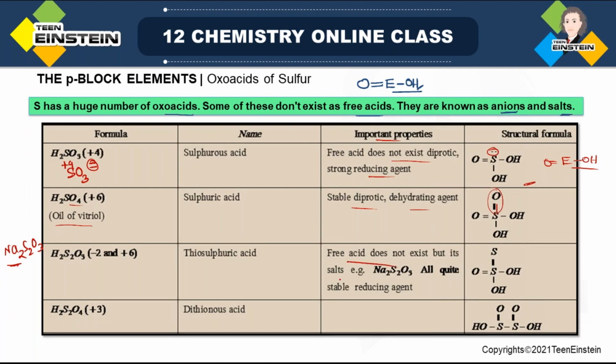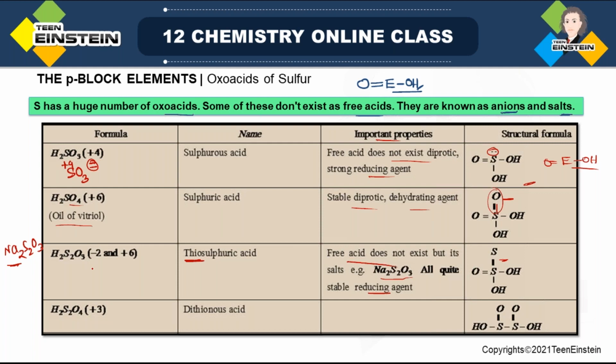Here also the free acid does not exist, and most of the time it remains in some salt form, because you do not have the H, rather you have metal, and this compound is a stable reducing agent. The term thio means replacing an oxygen with sulfur. Then you will have this type of structure.